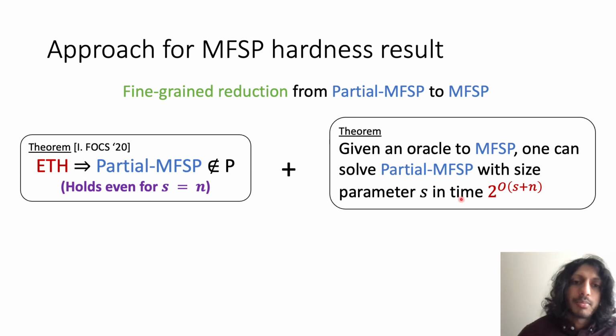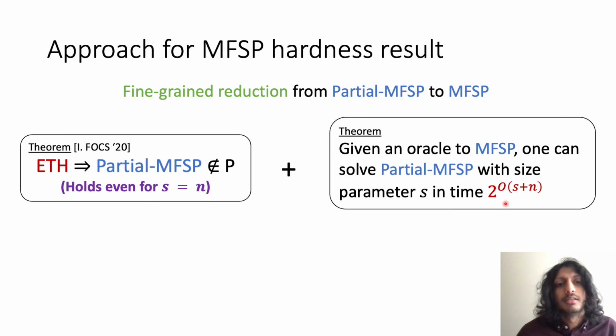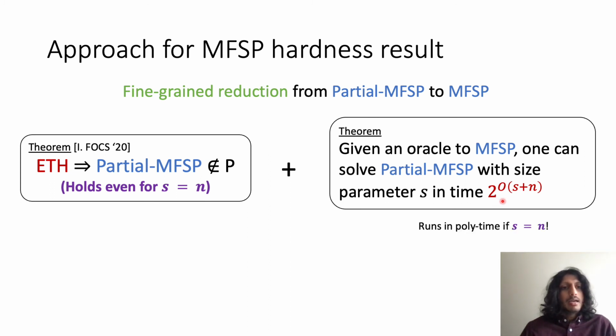So this running time here is not ideal. I mean, it's exponential in s, but it actually is faster than the brute force algorithm. The brute force algorithm would take time like n to the s instead of 2 to the s. And in particular, if s is equal to little n, as is the case for this hardness result, then this reduction runs in polynomial time.